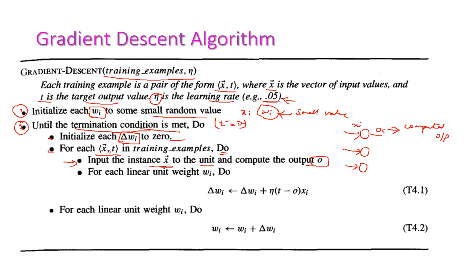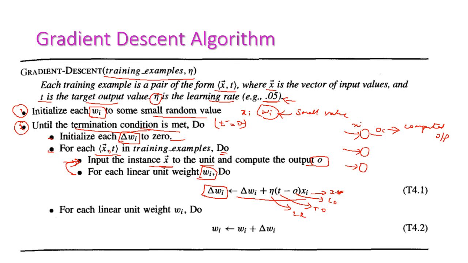And for each linear unit weight Wi we have to compute delta Wi, that is the error rate, which is equal to delta Wi plus learning rate into the target output minus computed output, multiplied by the input value. This is the learning rate, this is the target output, this is the computed output, and this is the input value x. This will be done for all the samples.